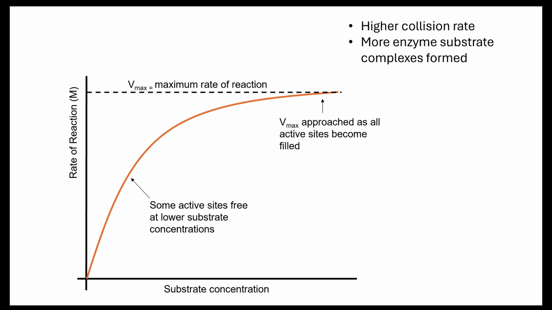It doesn't matter how much more substrate I put in, it will never get past that Vmax, because the enzyme needs to process the substrate, converting it into the products and releasing it before it can accept another substrate for the reaction to happen again. So once Vmax has been reached, all the active sites have been filled and the enzymes are working at their maximum rate.